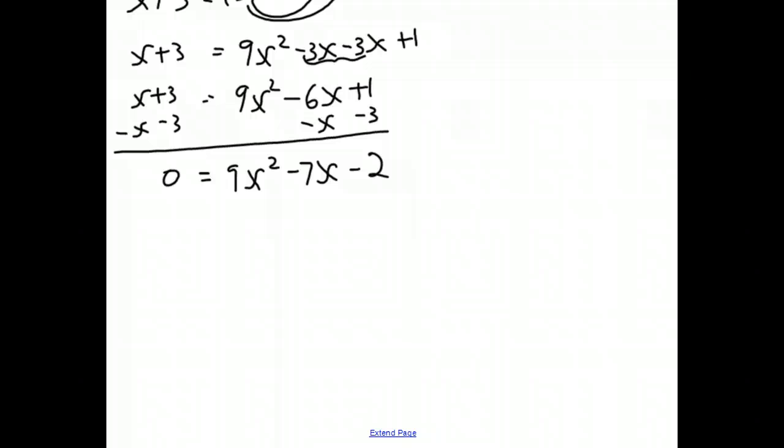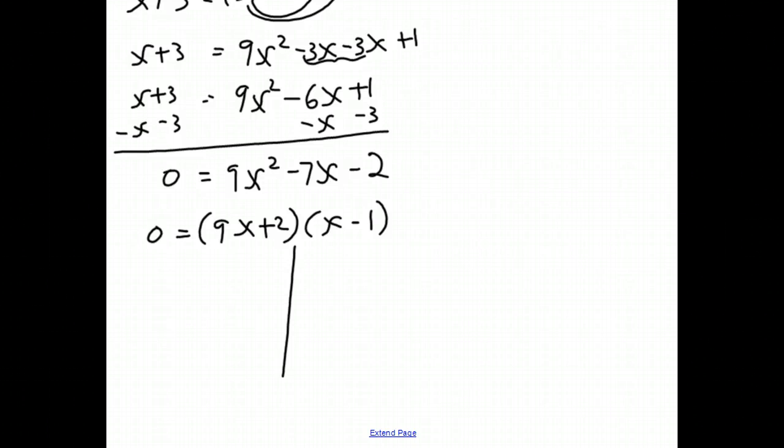And so we get 0 is equal to 9x plus 2 times x minus 1. I don't know why I put a 3 there, so let's erase that. And once again, if two factors multiplied together equals 0, that means one or both of them are equal to 0.